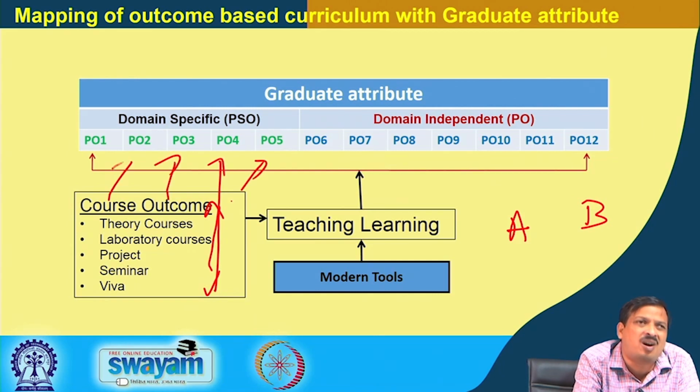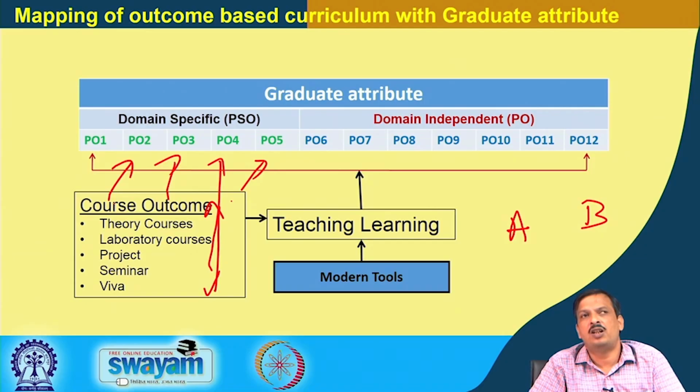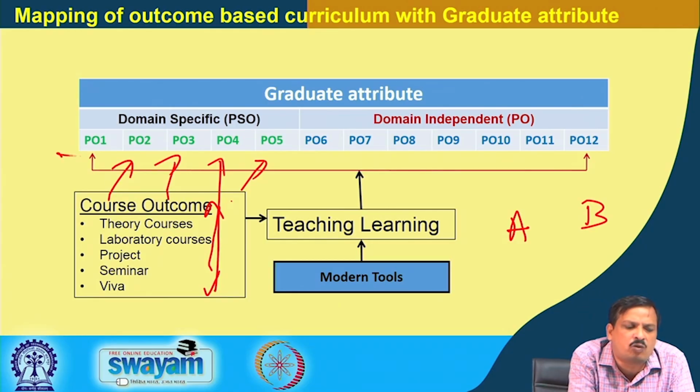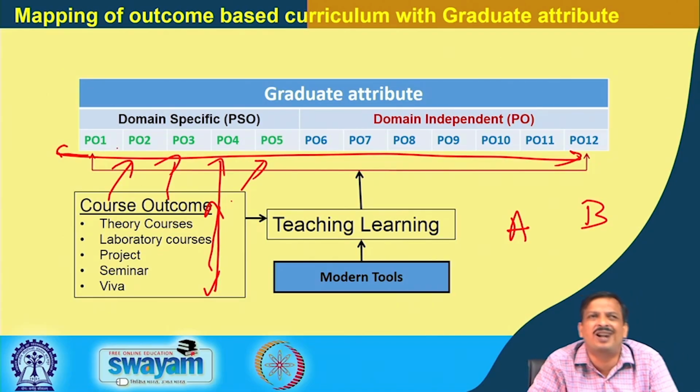But that is not sufficient. The CO of all courses, outcomes of theory courses, laboratory courses, project, seminar, viva are not sufficient to scatter to all 12 POs. What else is required?